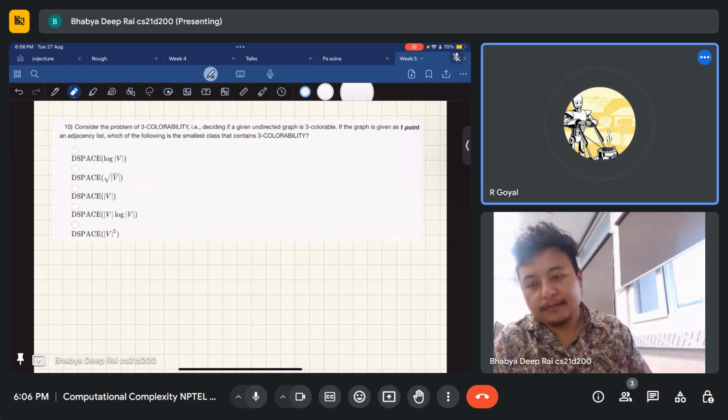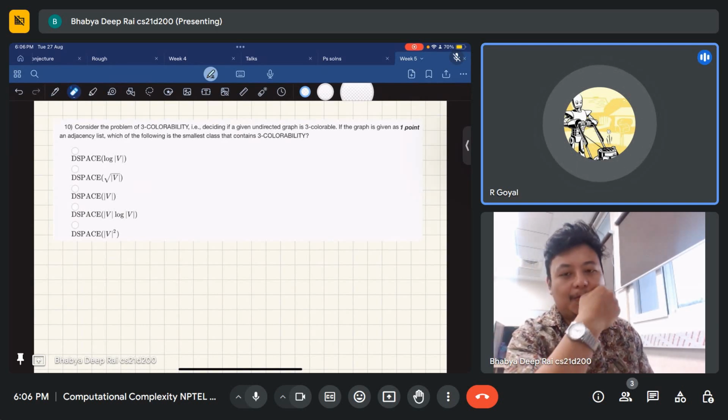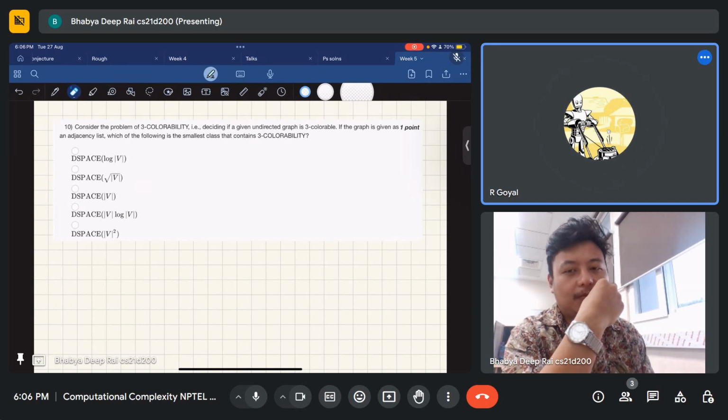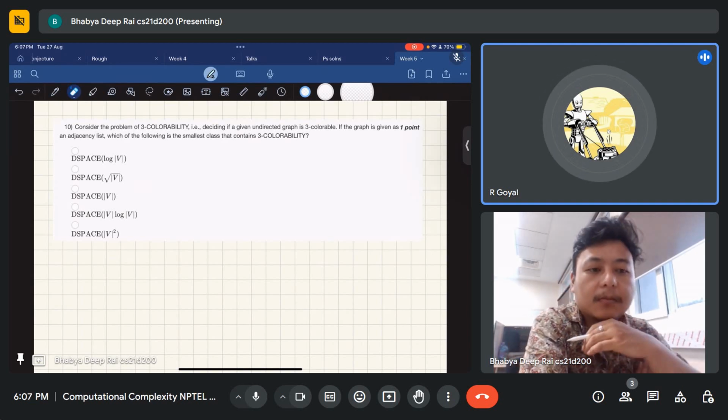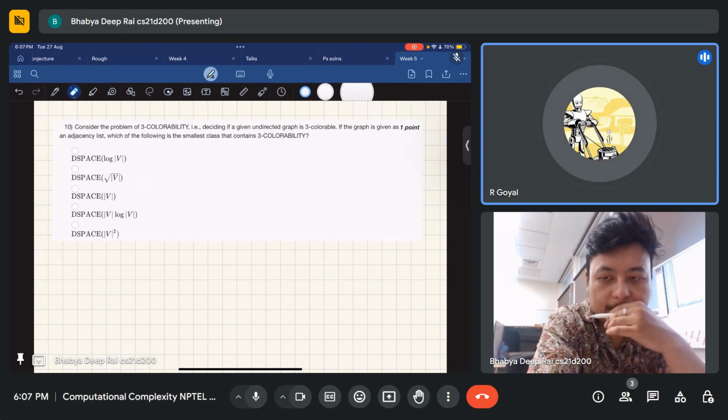I have to check the adjacency, so vertex number 1 is connected according to the adjacency list. I have to maintain the colors, and there are the number of vertices.